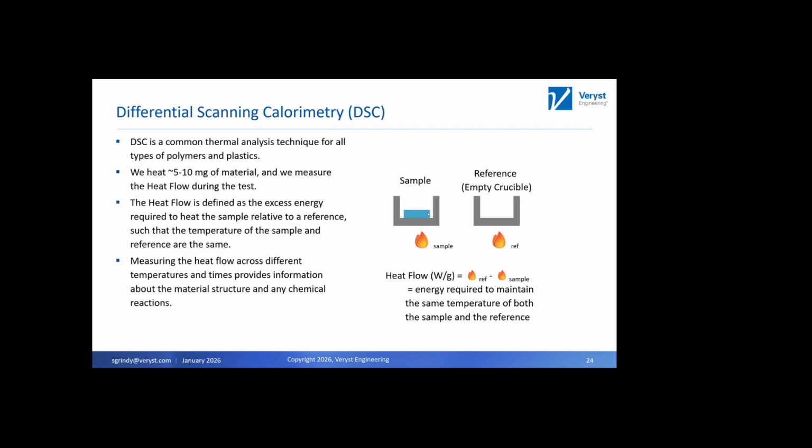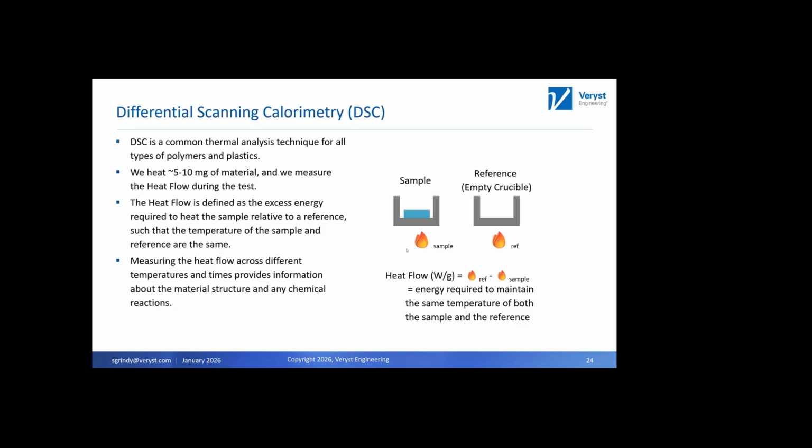What we do is we place that sample in a crucible and then place that crucible in a furnace next to a reference crucible. And so what we're prescribing during the test is a heating rate. So we're going to heat both of these crucibles at a nominal heating rate, let's say 5 degrees Celsius per minute. It's a standard number.